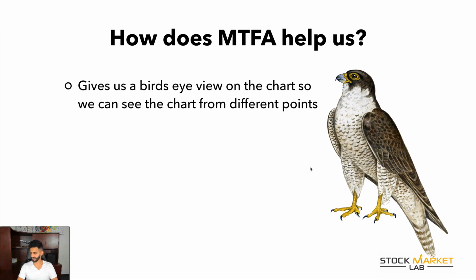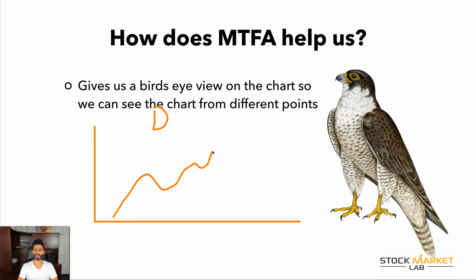So for example, if we look at a stock on, let's say, a daily time frame, you might see something like this. But now if I just zoom in to a 5-minute time frame, and I just zoom into that section, I'm not going to see an uptrend. What I'm actually going to see is a downtrend.